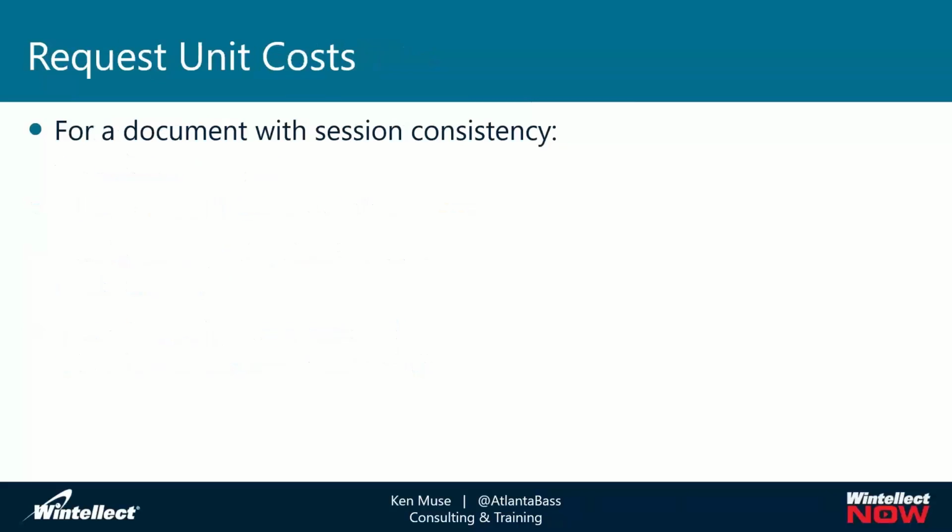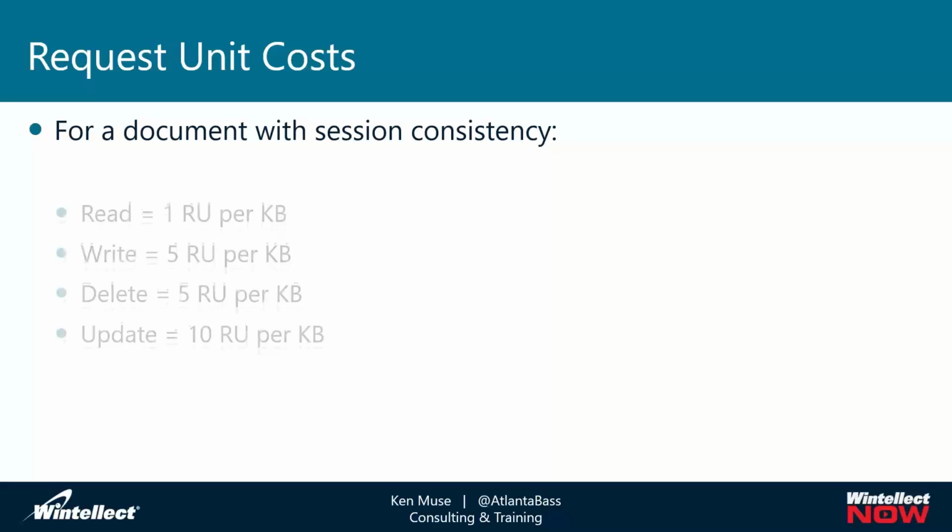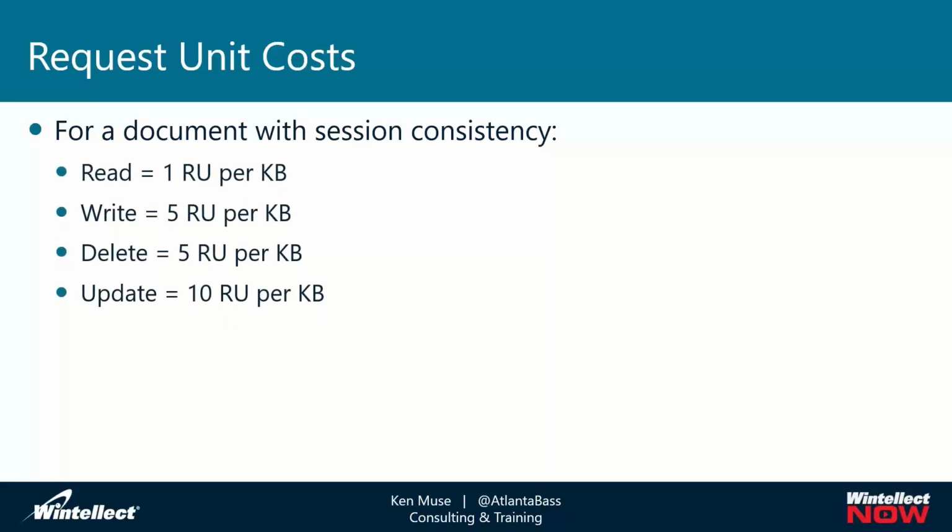So what does a request unit mean in terms of when I'm developing? What's the cost of the different actions I might take? Essentially, reads are 1 RU per kilobyte. Writes require about 5. Because a delete is a type of write commit, it also uses 5.